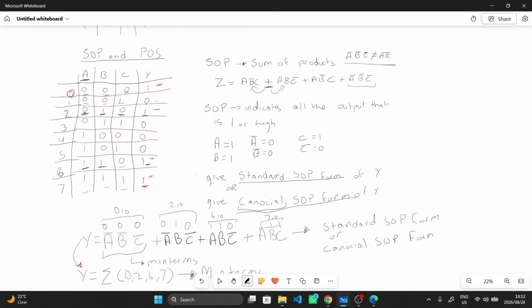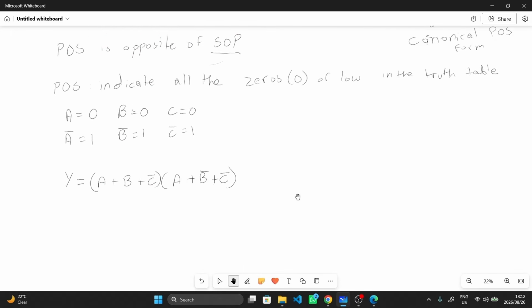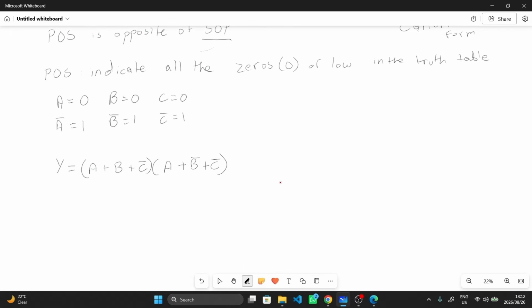As you can see, we were correct. Now we check our third 0, which is where A is 1, B is 0, C is 0. So now we'll do that. So A is 1, B is 0, and C is 0.